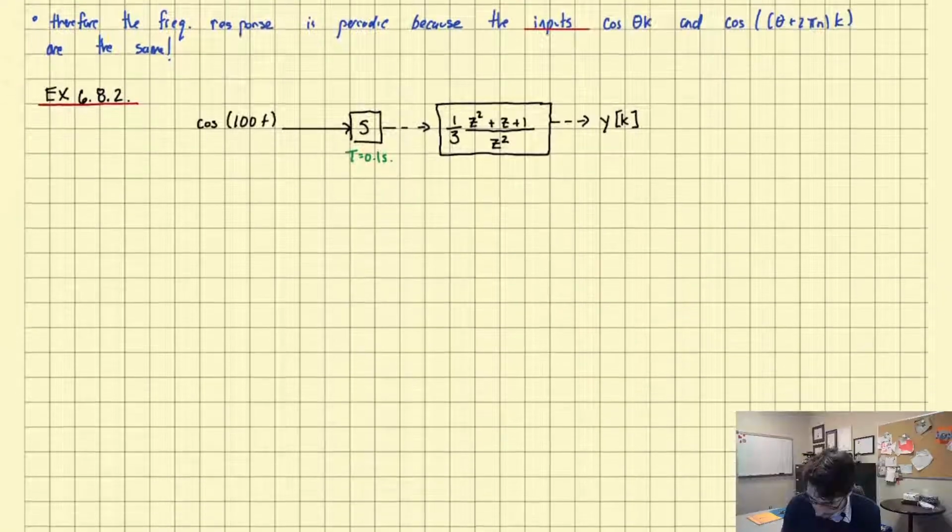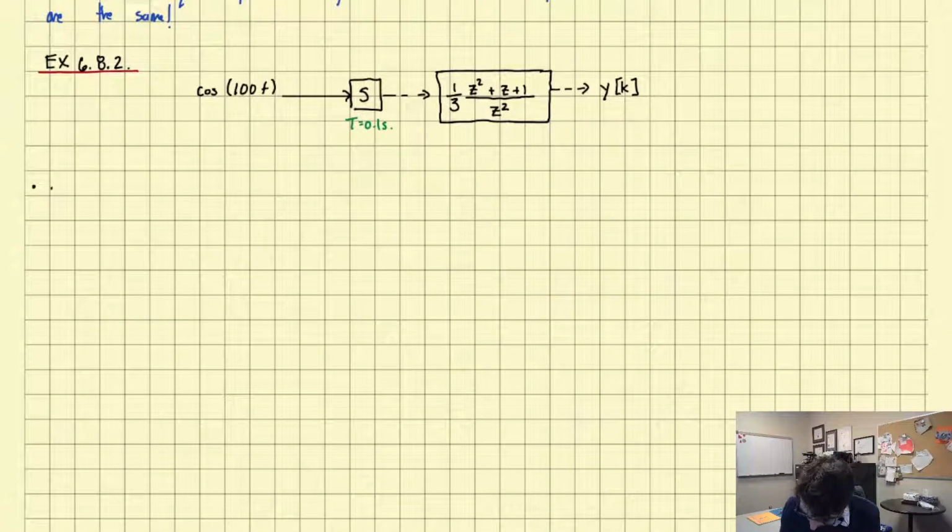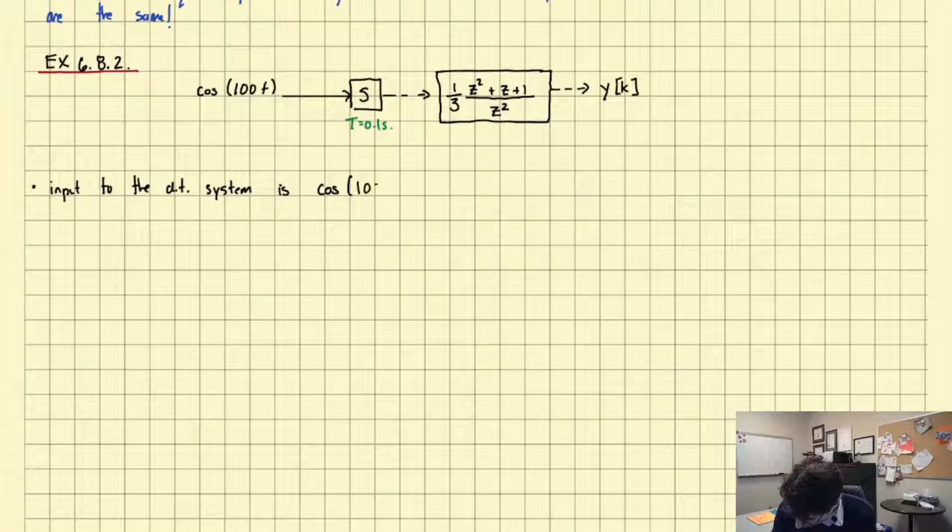So in this case, the input to the discrete time system is cos of 100. And what do we do when we sample? We replace the continuous time variable t with k times the sampling period. So I'm going to write that as T times k.